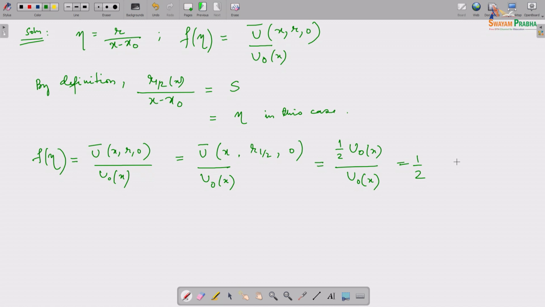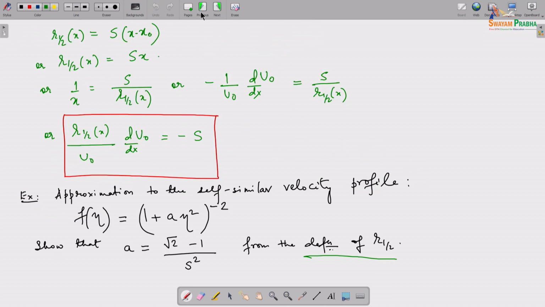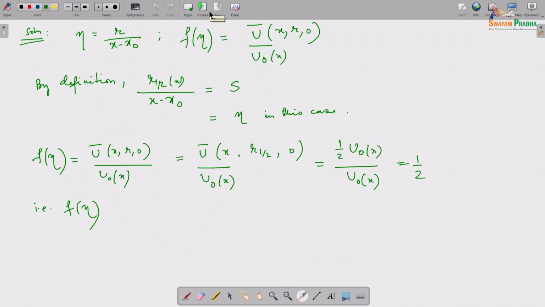So that is f of eta. The velocity profile is given here, f of eta. So then f of eta is equal to 1 plus, and f of eta is equal to half, which we just calculated. So now let us do the math here and figure out what A is, that is all.